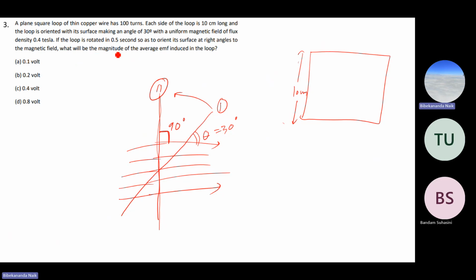Now, what will be the magnitude of the average EMF that will be induced in the coil? As you can clearly see, since there is some angle and there is BA cos theta, you must be remembering the magnetic flux.